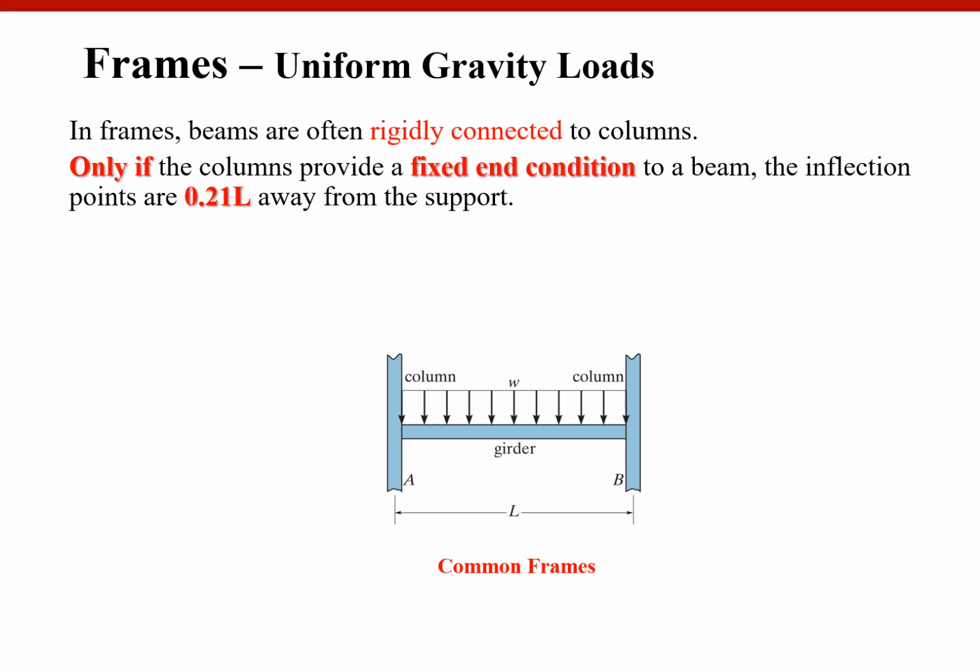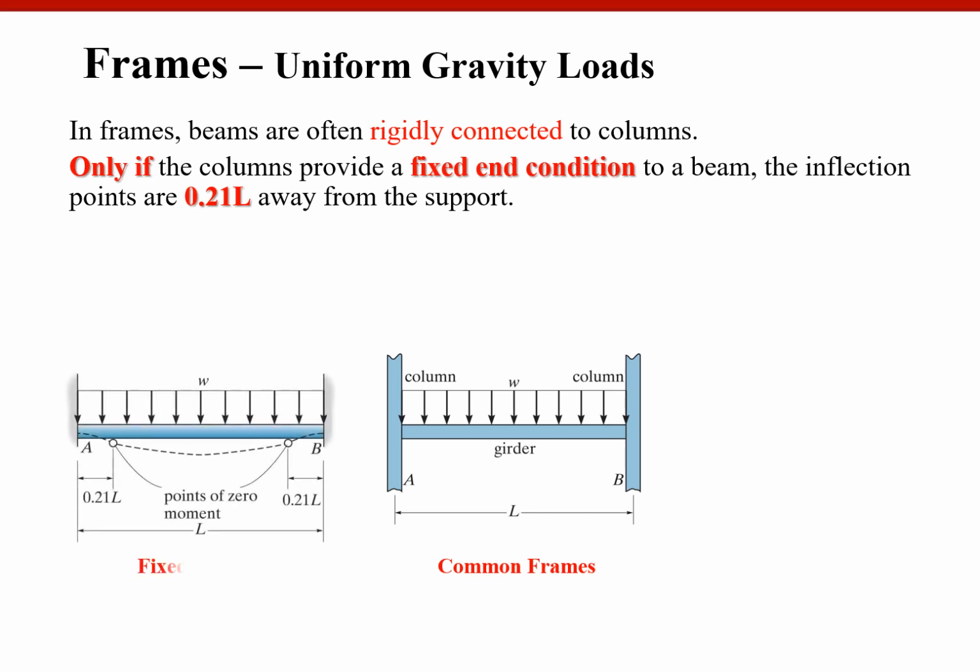If the column is very, very stiff as compared to the beam, then it may be considered as fixed support. But very rarely can a column support beams as a fixed condition. If it's a fixed condition, then the bending moment diagram will be like this.